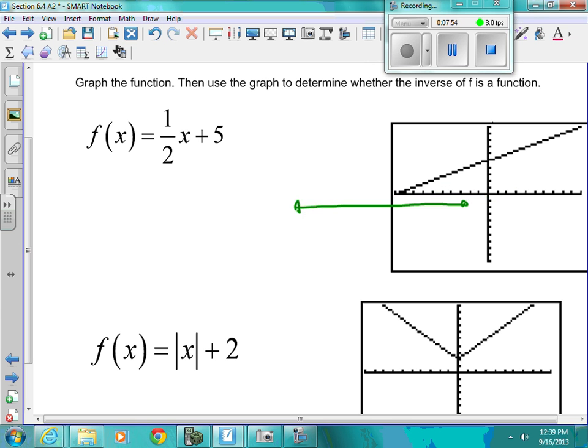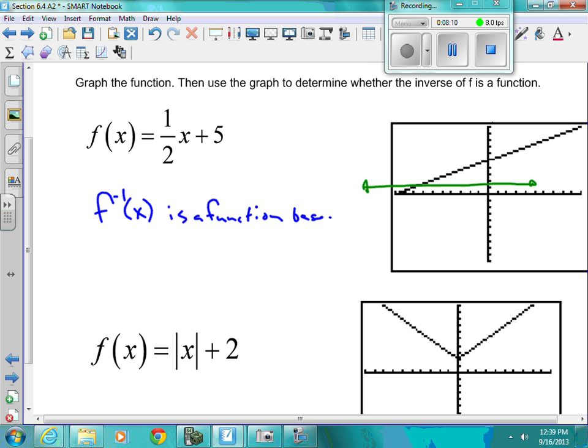And if I extended the line, it would keep going in one spot. So I can slide that line up and down the graph, and it only crosses once. So the inverse of f is a function based on the horizontal line test.